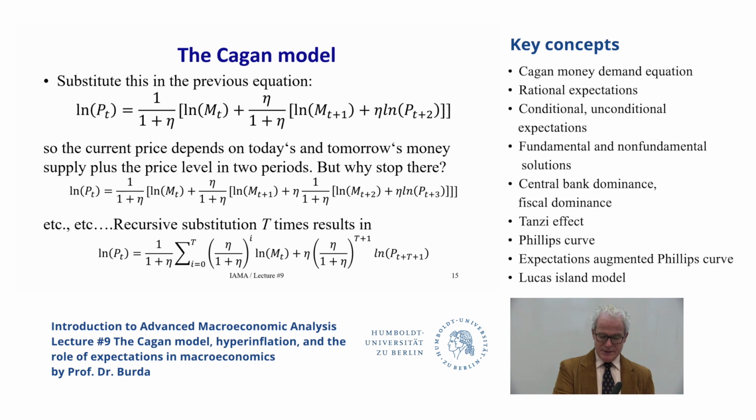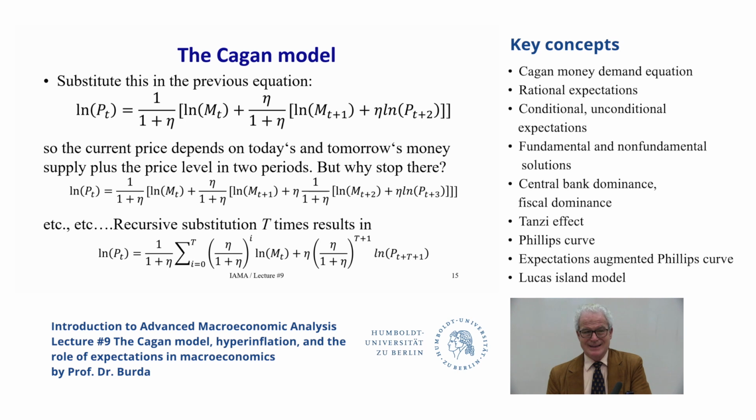Okay, but there's no reason to stop there. You can do this ad infinitum, and you can end up writing the price level today as a sum of money supplies from 0 to capital T, appropriately weighted by a term that is the elasticity of money demand divided by the elasticity of money demand plus 1.